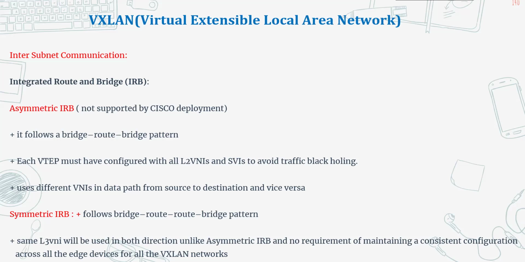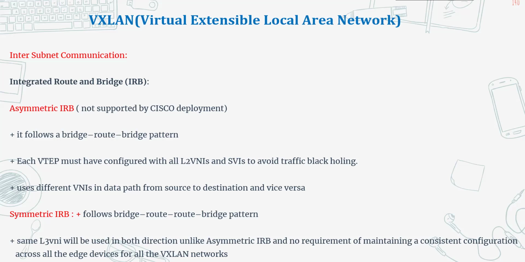When the traffic goes from source to destination, it will use VNI 20 in the VXLAN tag, and for the return traffic it is going to use the different VNI, VNI 10. So in both directions it uses a different VNI. Our main focus is on symmetric IRB, which is supported by Cisco deployments, but I'll give you a brief on how asymmetric IRB works.